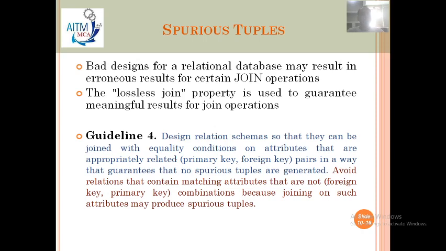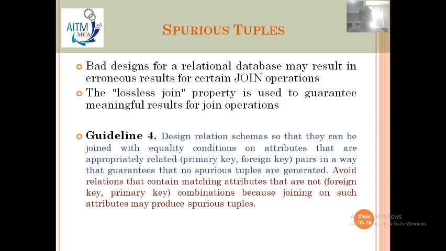Whenever you perform join operations, it creates, what is that? Spurious tuples. Spurious tuples means the same information is repeated again and again, which is unwanted. Got it? Which is meaningless. That is called spurious tuples.